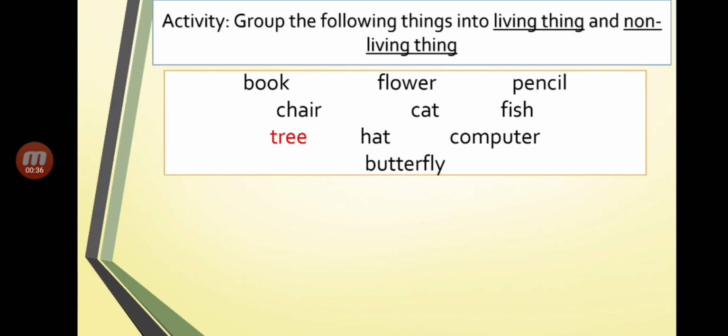So what you are going to do is group all these words into their proper group where they belong, whether it is a living thing or non-living thing.